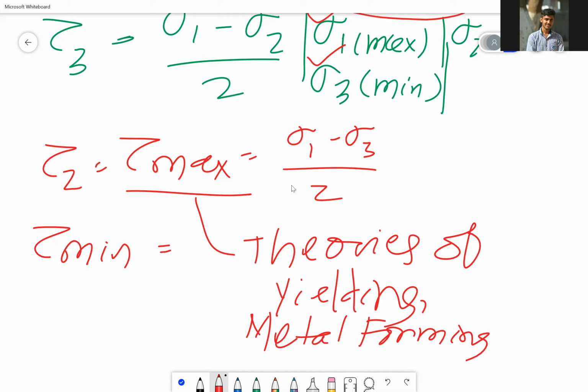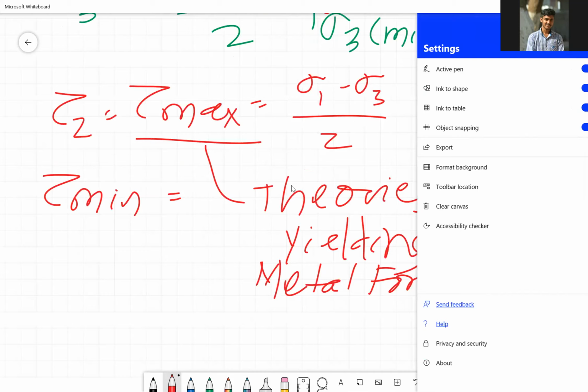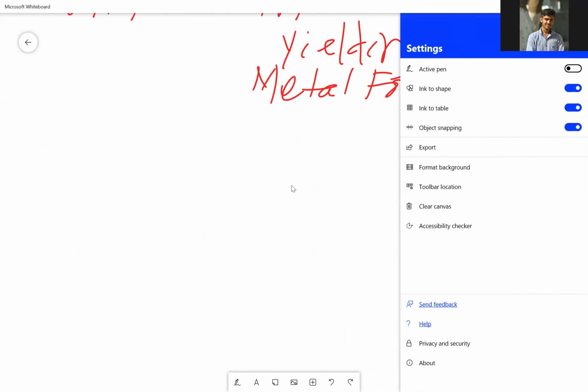So this is all about the stresses on an oblique plane. The stresses mean the shear stress and also the principal stress, the normal stress sigma. Another thing is how to represent these principal planes, principal directions.